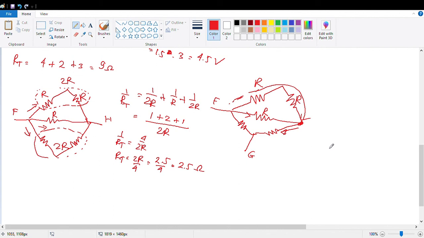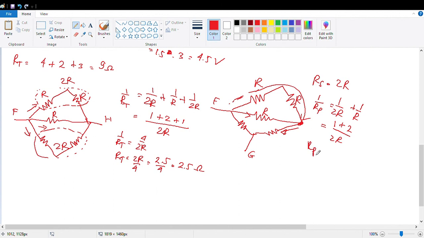So we use 2R. This one is 2R, yeah? RS is 2R. Then combine with this one. So 1 over RP is 1 over 2R plus 1 over R. Yeah, 2R, so 1 plus 2.